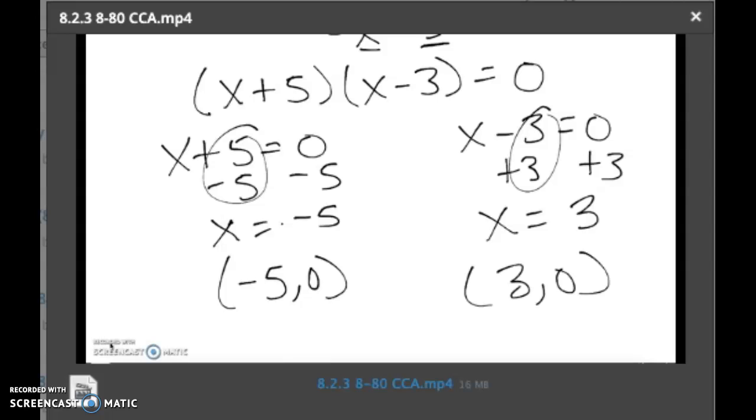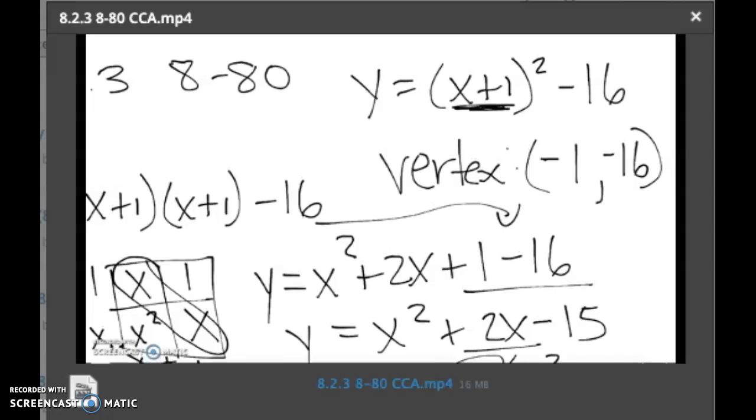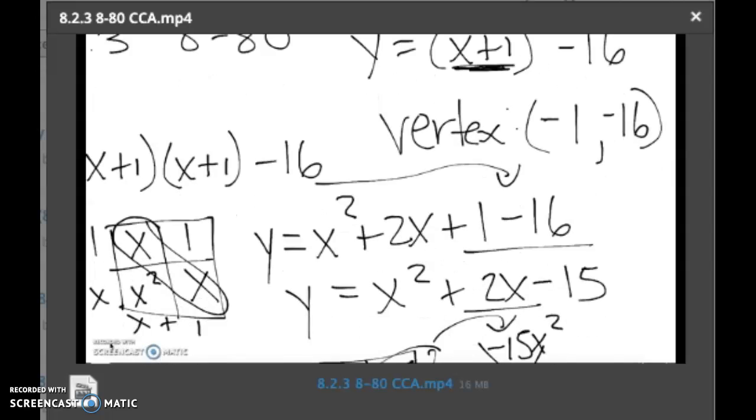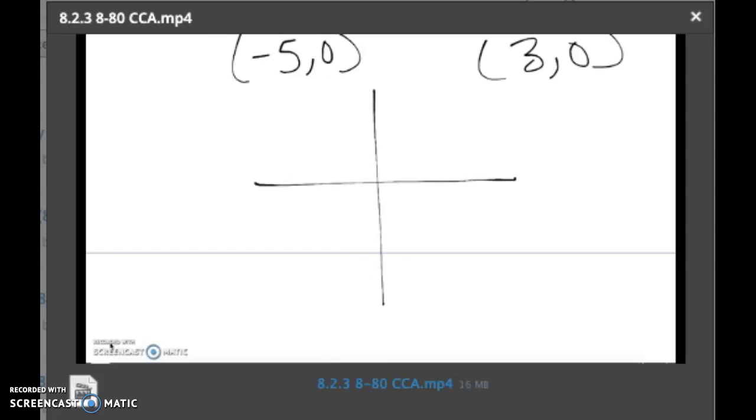Now I have my two x-intercepts, and if we go back up to the top, we solved for our vertex. So I'm going to make a basic sketch of this parabola. The vertex was at negative 1, negative 16, so somewhere down here.